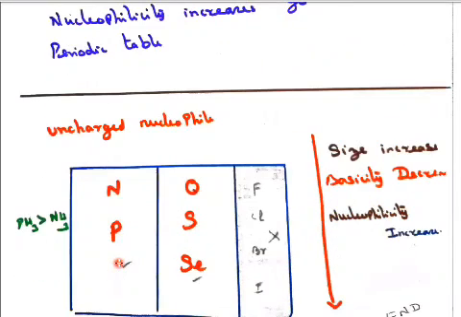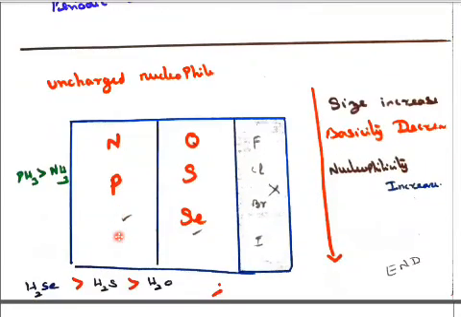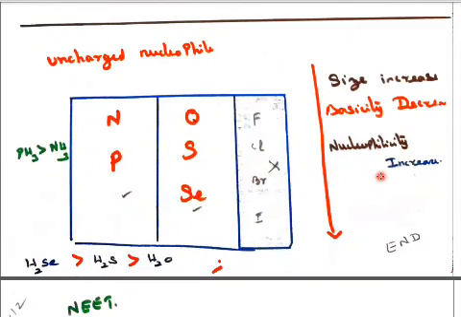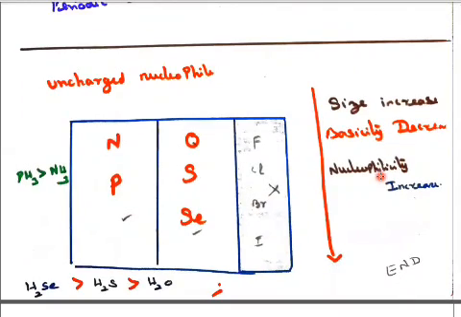Apart from this, PH3 is greater than NH3, and selenium hydride is greater than hydrogen sulfide, which is greater than water. So size increases, basicity decreases, nucleophilicity increases. This is just for your basic concept, to have an idea about polar protic and polar aprotic solvents and what nucleophilicity is in a period and a group.